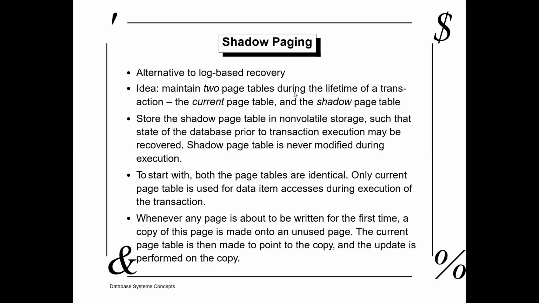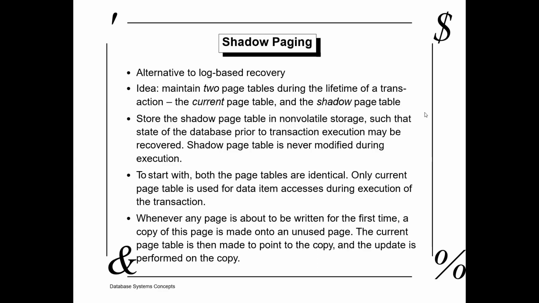In this type of technique, we are going to use two page tables during the lifetime of transactions. One page table is known as the current page table, and the other page table is known as the shadow page table.